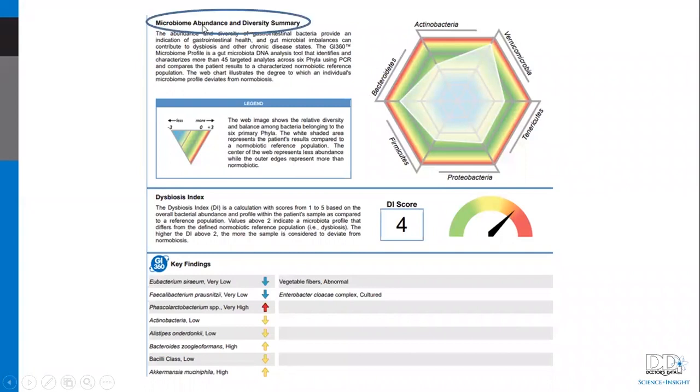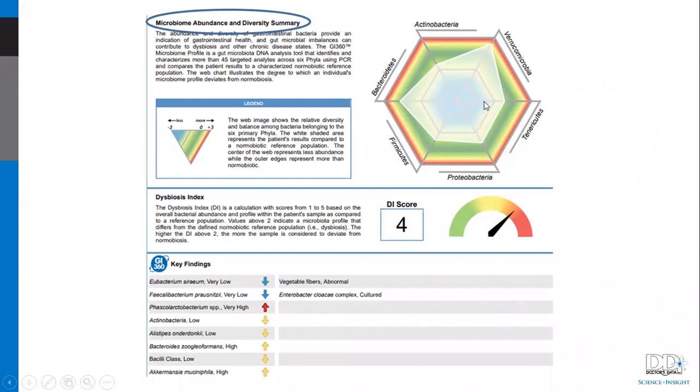First thing we look at is the patient's microbiome bacterial abundance and diversity summary. And that summary is indicated on the inside of this hexagonal diagram that shows the 6 primary phyla. So the targets within each of these primary phyla.